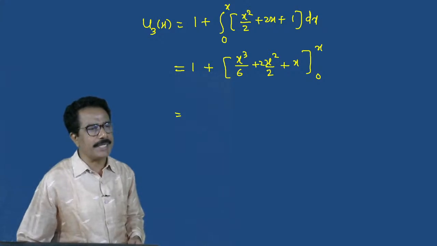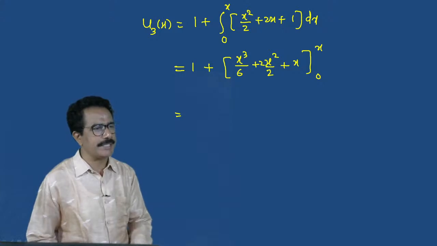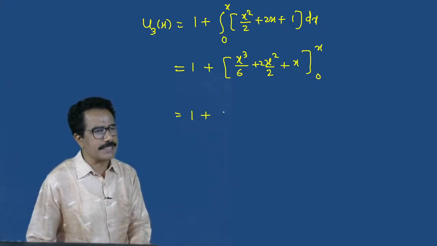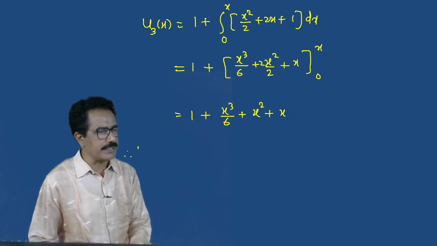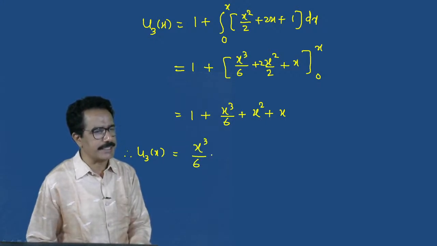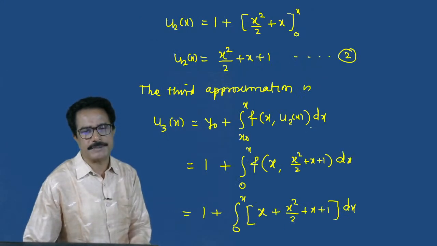If we put the upper limit and lower limit, that is 1 plus x cube by 6 plus x square plus x. Okay, so u3 of x is equals to x raised to 3 divided by 6 plus x square plus x plus 1. This is the third approximation.